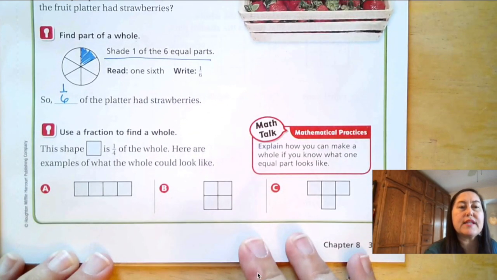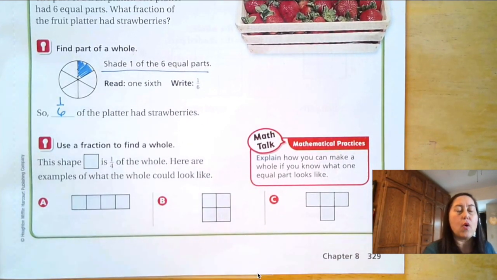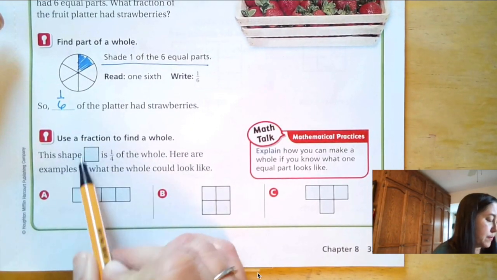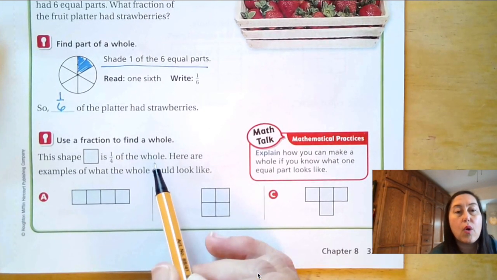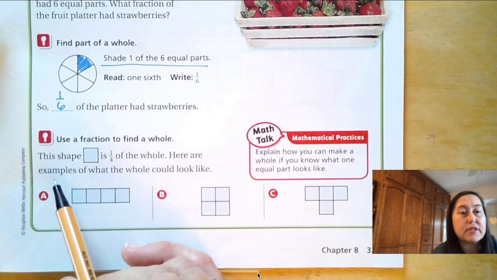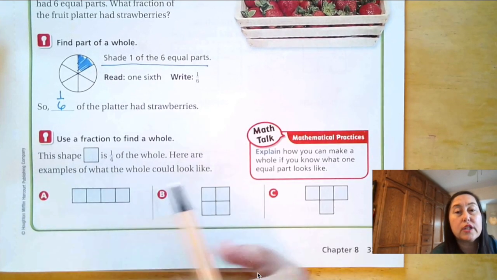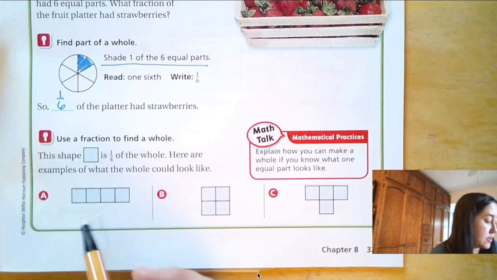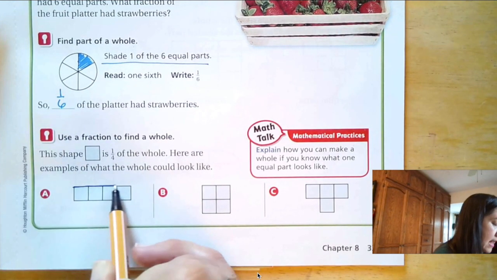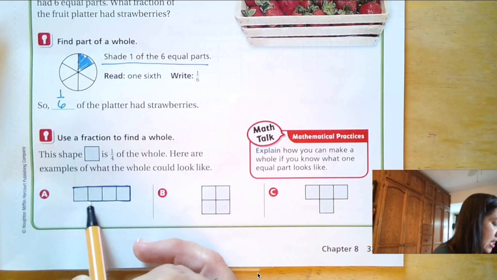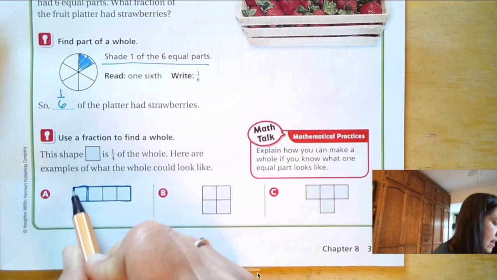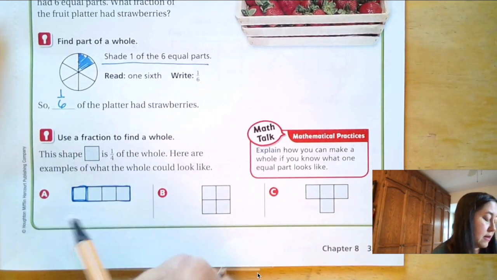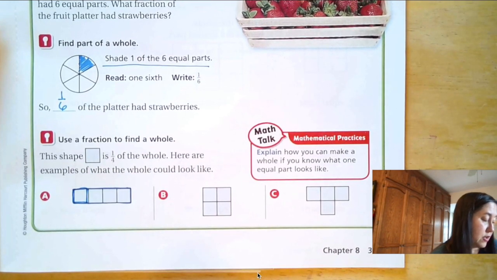Now we're going to use a fraction to find a whole. This square shape is 1/4 of the whole. Here are examples of what the whole could look like. All right, so you see this whole outside shape is the whole, and just one little square is the fraction, 1/4, right?